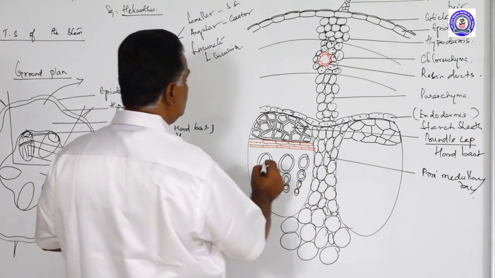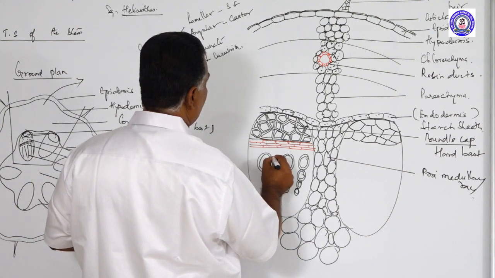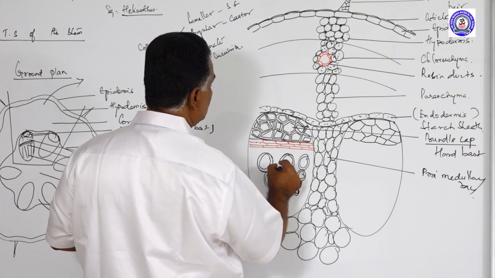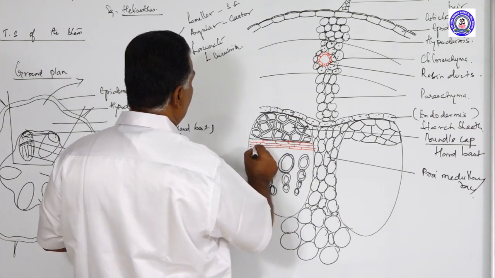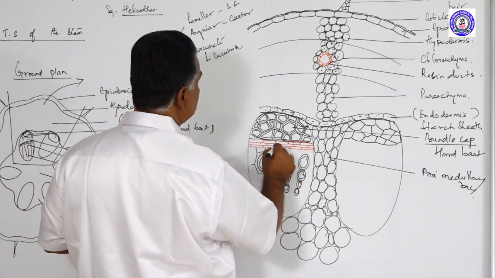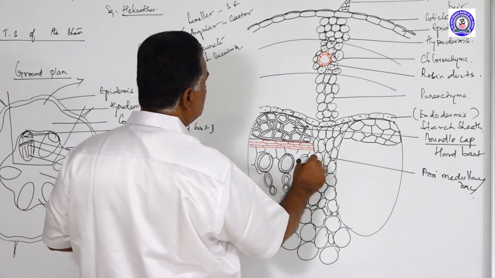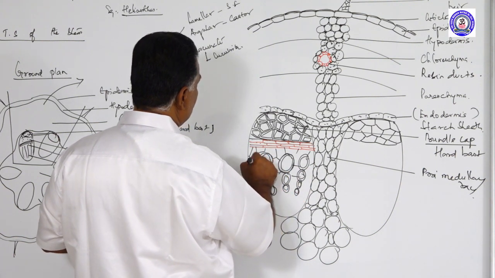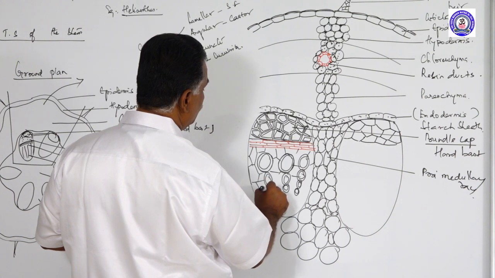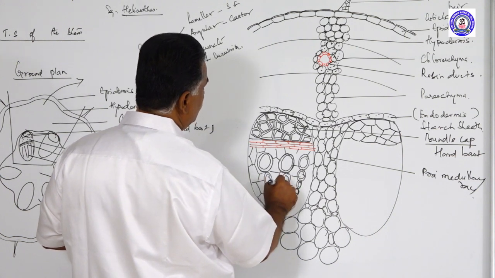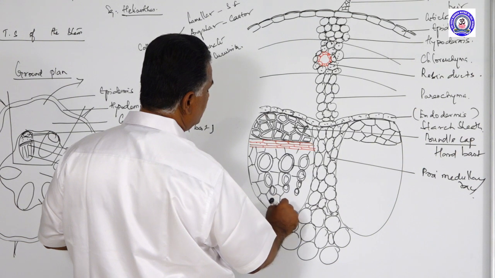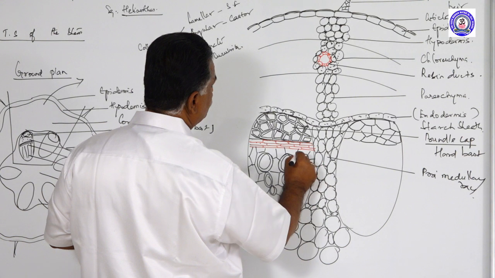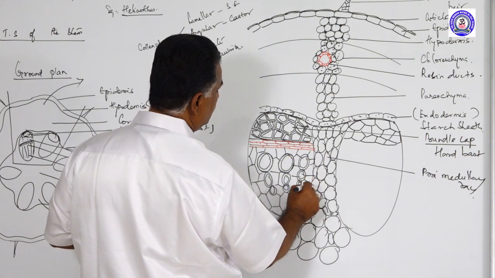And you consider the outer thick wall, inner thin wall like this. And here the other space is filled with parenchyma, xylem parenchyma and xylem fibers. And you see here clearly, bundle sheath is not found. So the structure of vascular bundle is over.